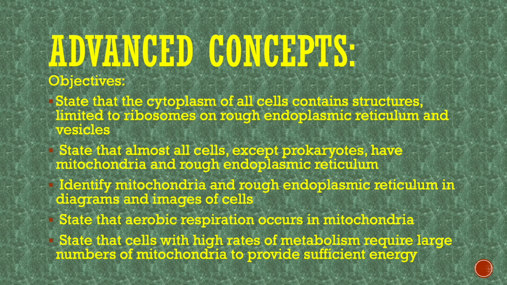Next, identify mitochondria and rough endoplasmic reticulum in diagrams and images of cells. Next, state that aerobic respiration occurs in mitochondria. And lastly, state that cells with high rates of metabolism require large numbers of mitochondria to provide sufficient energy.